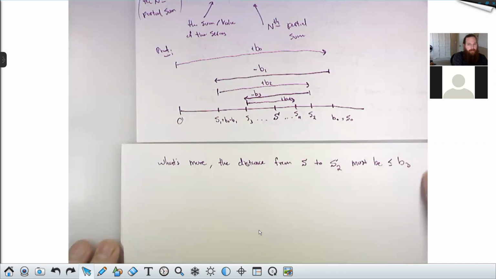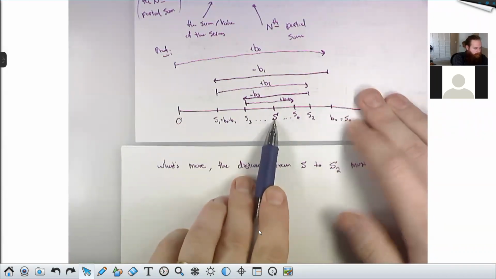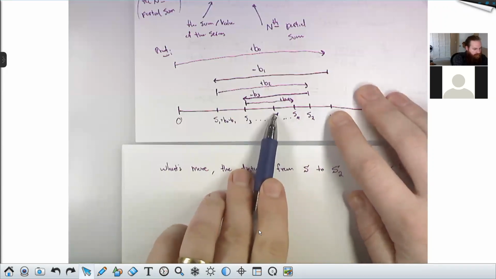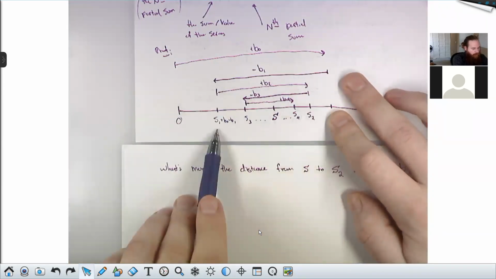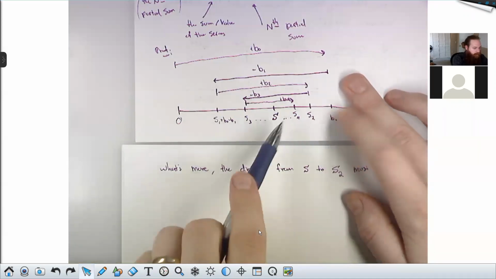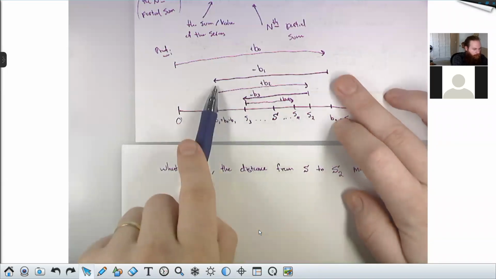Because of this nesting, right? So let's look, the distance from S to S0 is this distance. And then the size of B1 is this. I know B1 jumps me from S0 all the way over here to S1, so it had to jump over S. So the distance from S0 to S has to be less than B1.